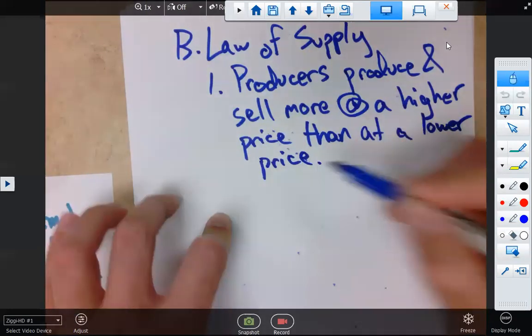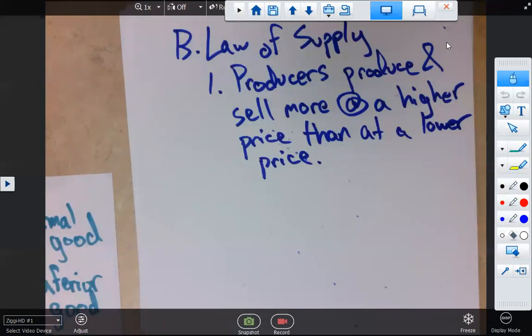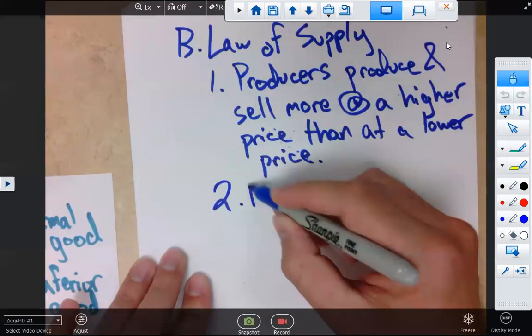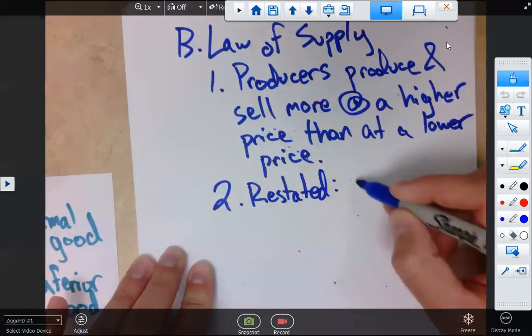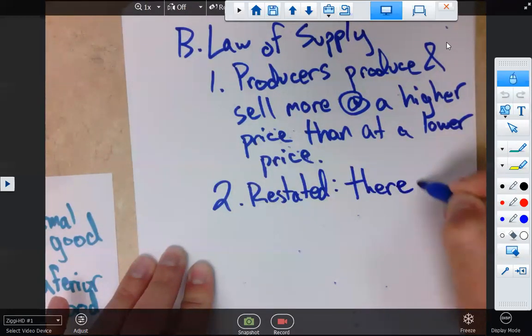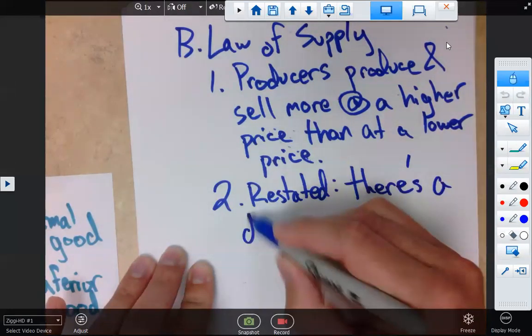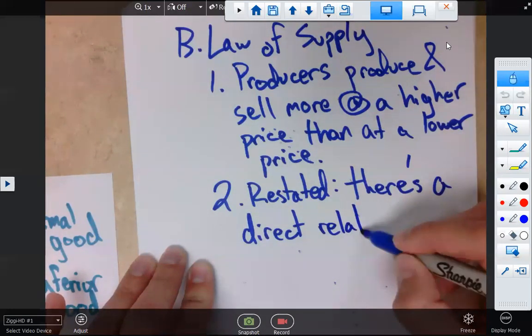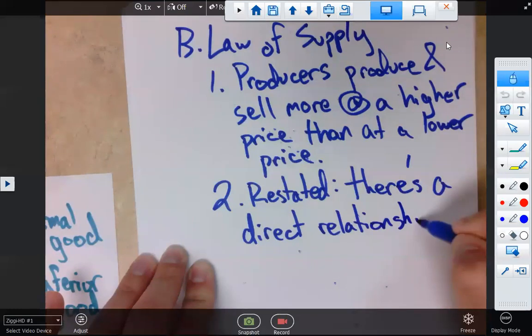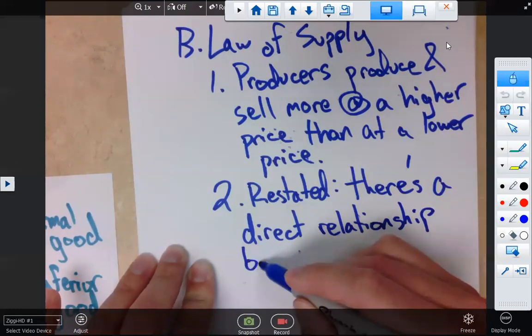They're incentivized to get in gear and produce more stuff when the price is higher. So the other way to say this is there's a direct relationship between price and quantity supplied.